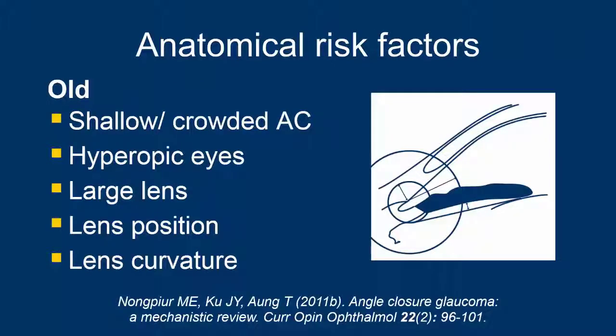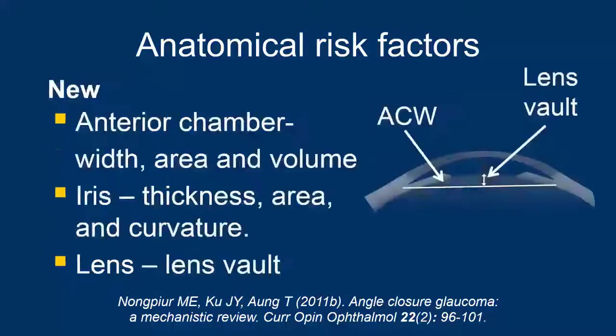So the presence of a big lens, possibly anteriorly positioned in a small eye, and crowding of the anterior chamber. These are long-standing measured risk factors which were identified in the Greenland Eskimo population 20 to 30 years ago as risk factors for angle closure.